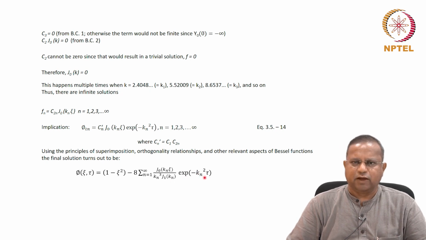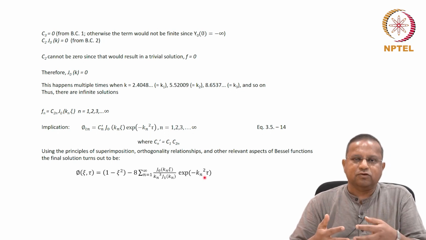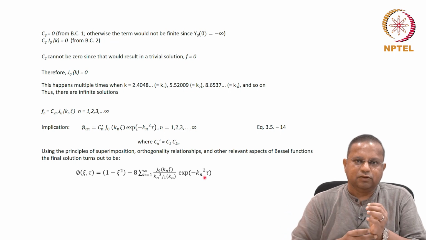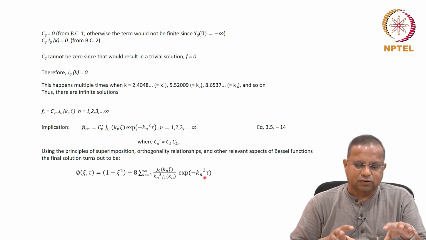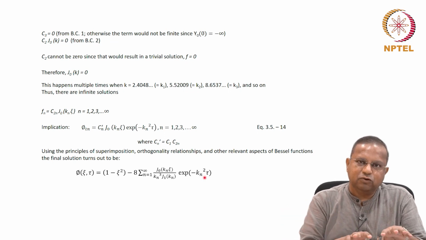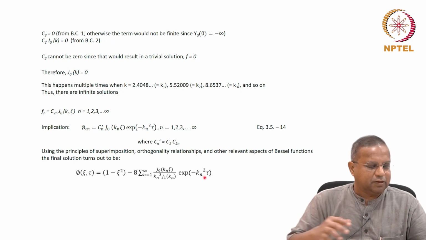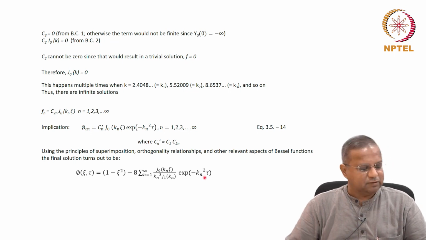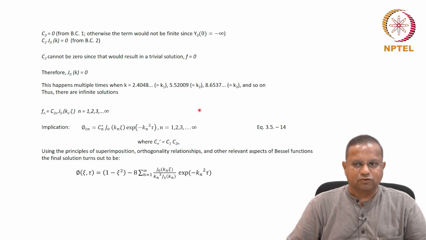Okay, so I've just read this out. I don't expect you to do this on your own. None of the solutions would need you to manipulate on these aspects, but this is the way the solution comes. You need to know at least the basis of the solution and the complexity of the solution.